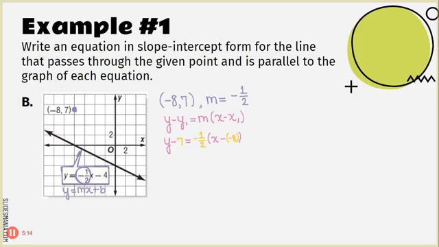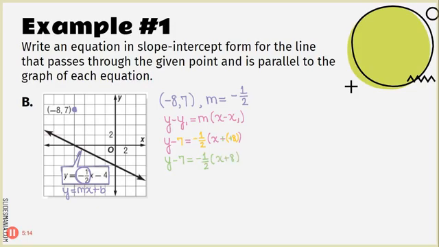So notice I have minus a -8 inside that parentheses, so I do need to rewrite that because we know minus a negative really means to add a positive. So it's really y minus 7 equals -1/2 times x plus 8.